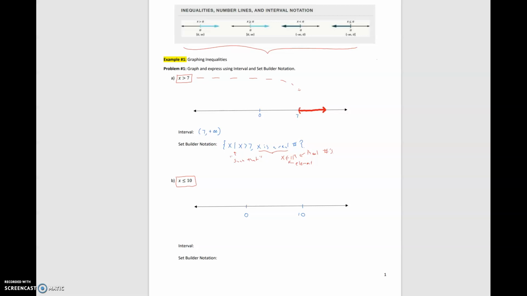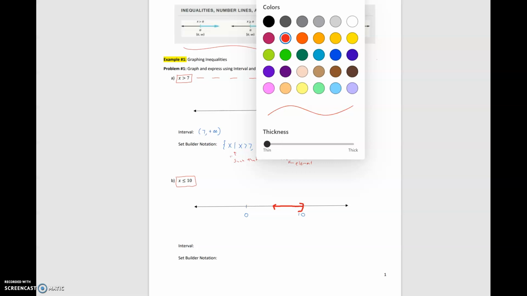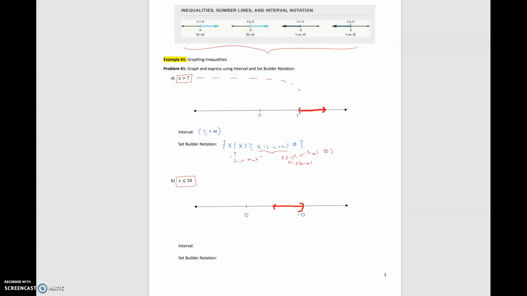When you're including a specific value, you put a bracket. So a bracket on the graph and also on the interval. In this case, bracket and every value to the left. That's going to be our graph.